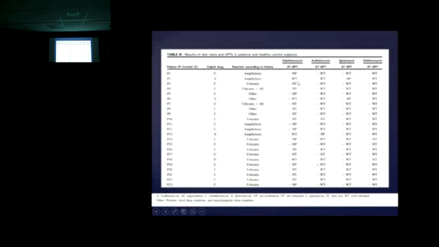WT is well tolerated, NT is not tolerated, so that's a positive oral challenge, just so you guys can see here. Just looking at this table, there's a group of people who had negative skin testing, and they still failed the oral challenge.